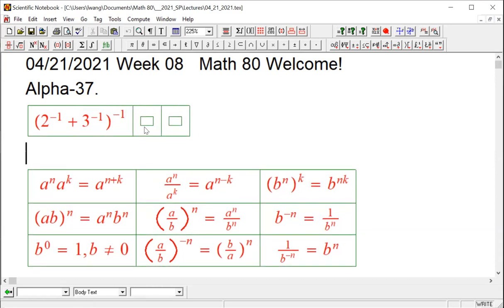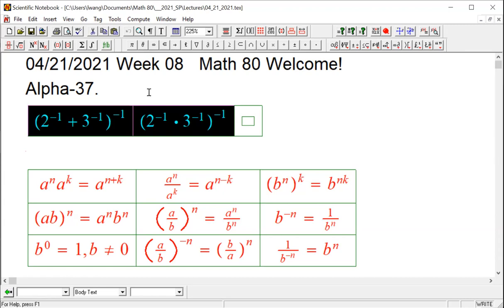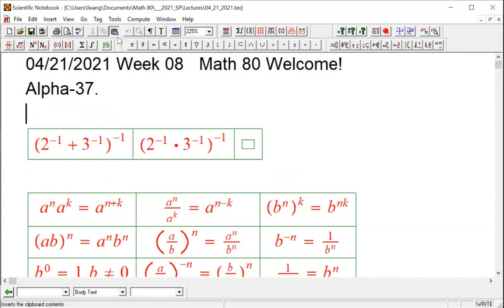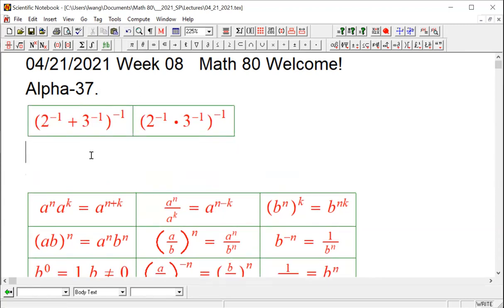Ooh, that's a lot of negative signs, right? And the other one is multiplication. Let me just keep it simple. That's question number 1. That's question number 2.